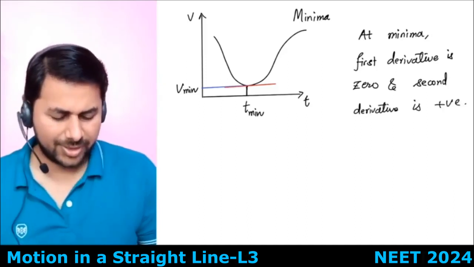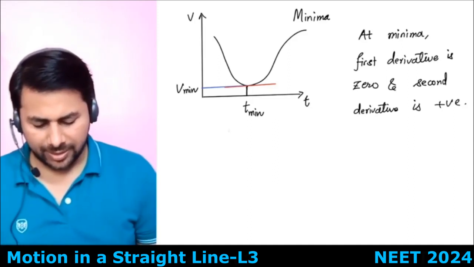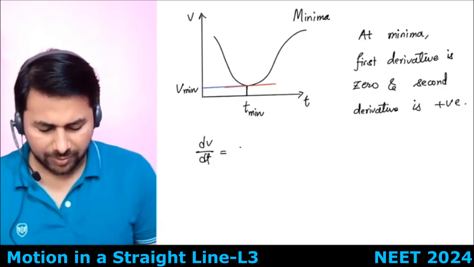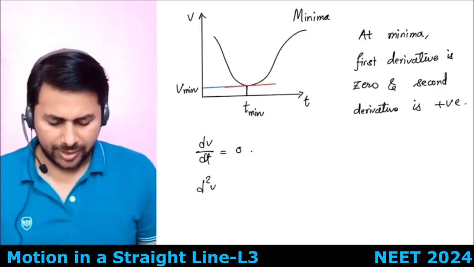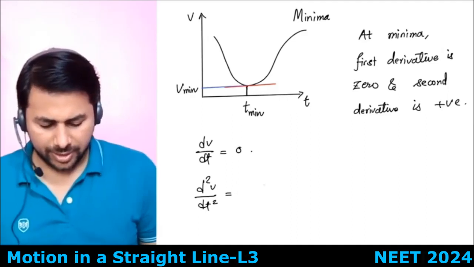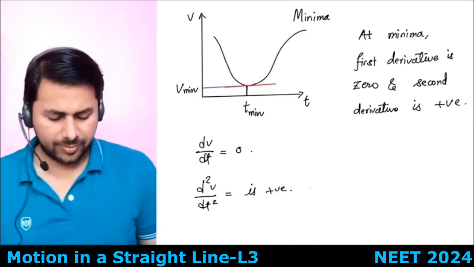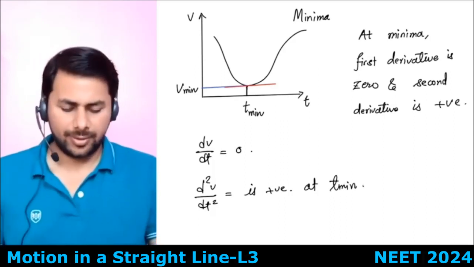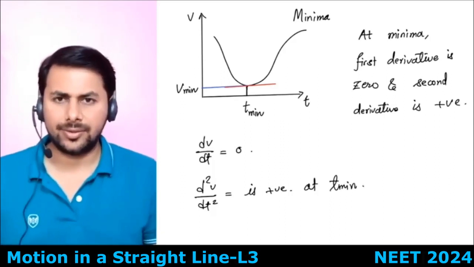In this particular example, dv by dt is equal to 0 and d2v by dt square is positive at t min. Is this thing clear?